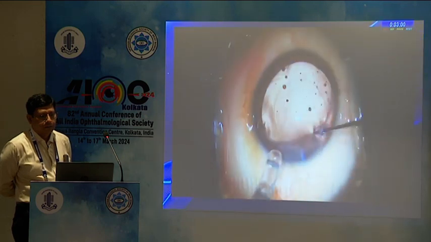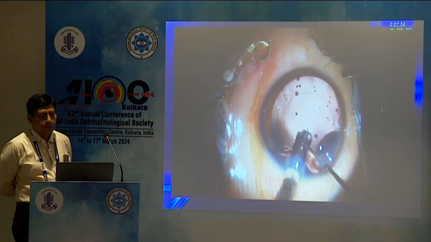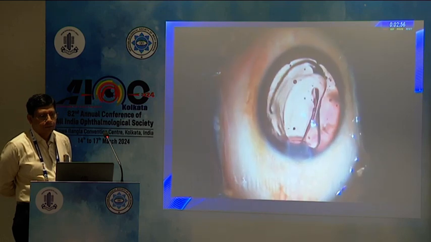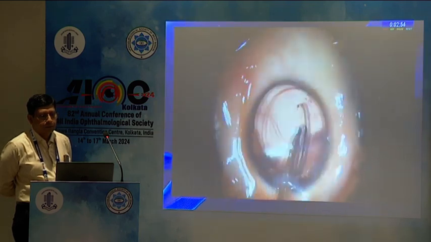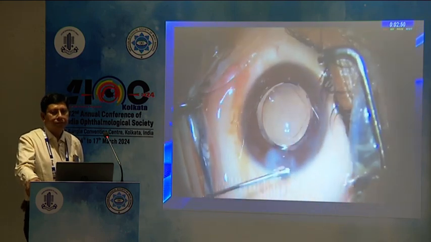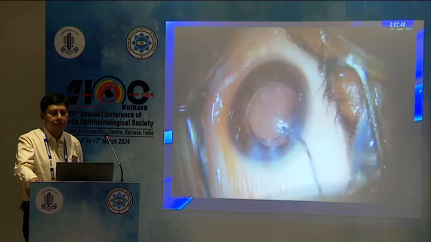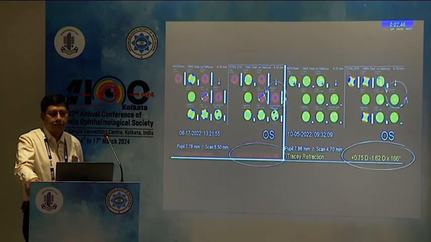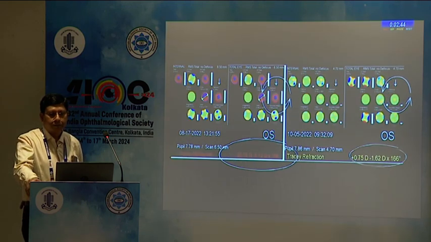This is then followed by single piece foldable intraocular lens implantation in the bag. The postoperative result shows improved refractive and aberrometry profile.